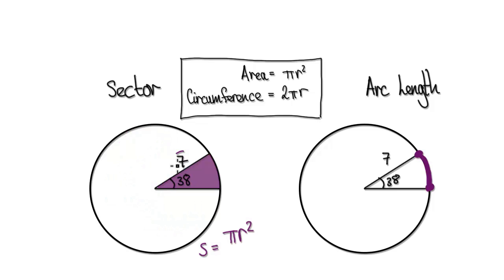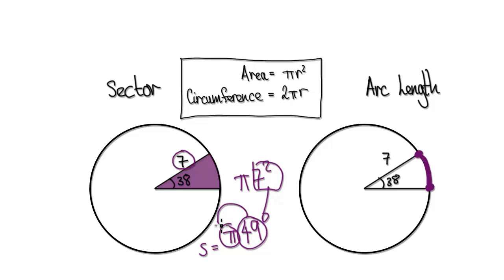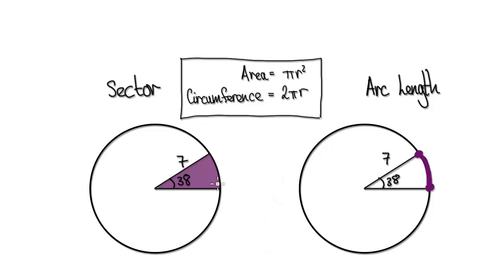In our case the radius is 7, so you put the 7 into the r, so that would be 7 squared, which is 49, and we write it as 49 pi rather than pi 49. Number always first. So let's start again: the area of the sector equals pi r squared, which turns out to be 49 pi.